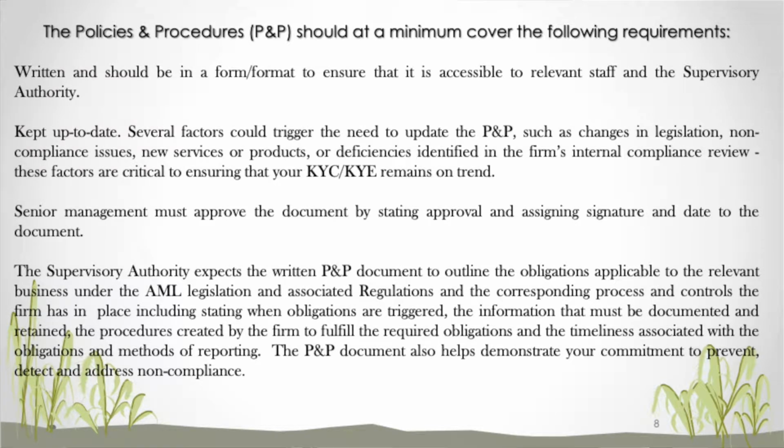Senior management must approve the document by stating approval and assigning signature and date to the document. The supervisory authority expects the written policy and procedure document to outline the obligations applicable to the relevant business under the AML legislation and associated regulations, and the corresponding processes and controls the firm has in place, including stating when obligations are triggered, the information that must be documented and retained, the procedures created by the firm to fulfill the required obligations, and the timeliness associated with the obligations and methods of reporting.